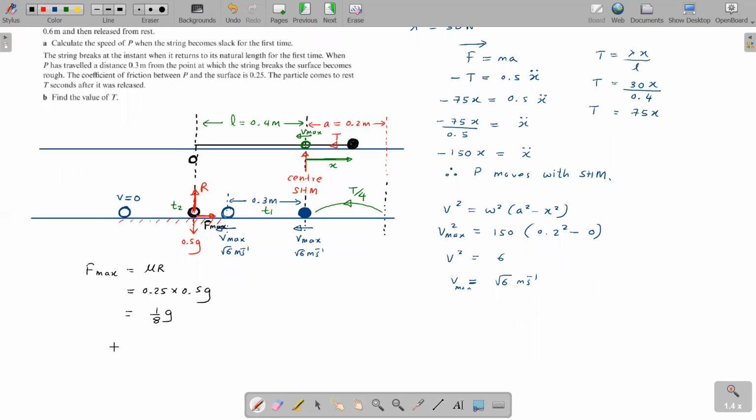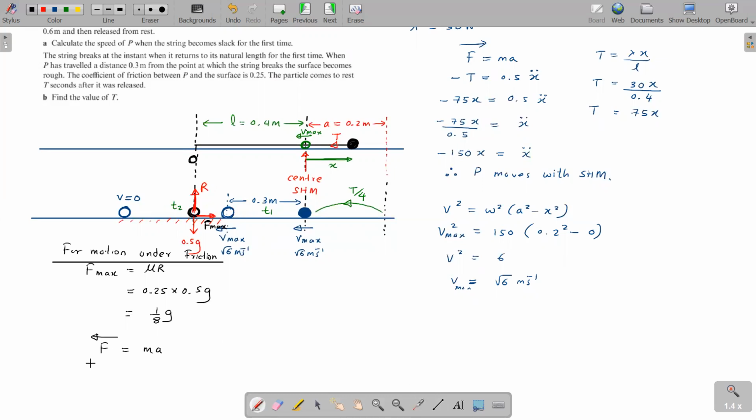And then let's apply F equals ma in the direction that the object is moving. So I'm considering the part where the particle is moving under friction. For motion under friction, you don't have any frontward force, right?